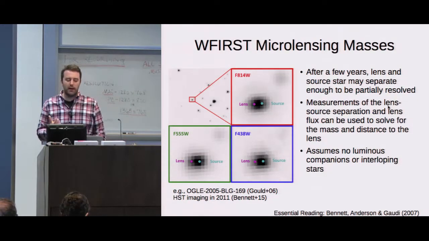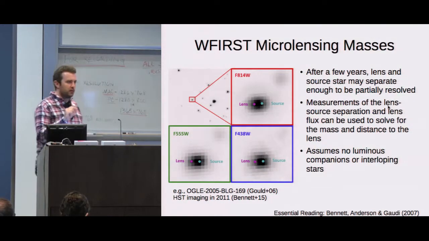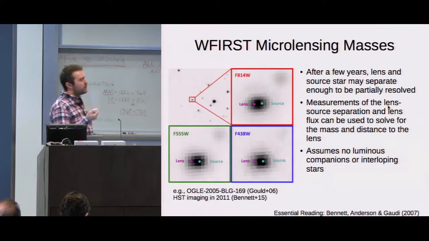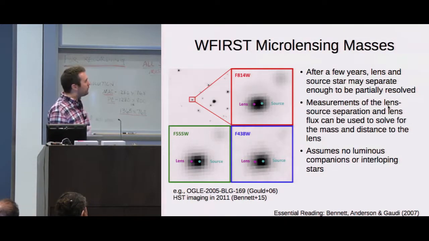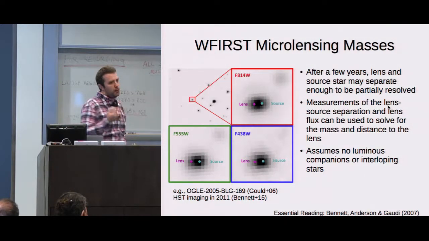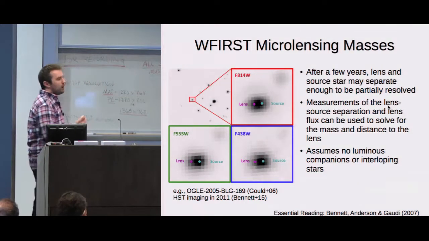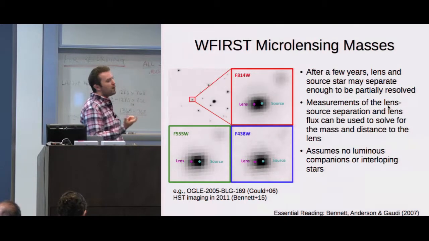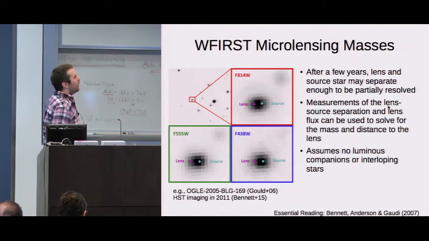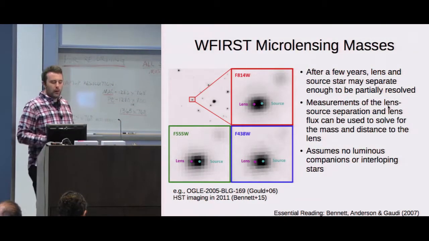So we're typically used to not being able to resolve out the source and the lens of a microlensing event. But if you have high enough resolution imaging and you wait enough time, both the source and the lens are moving, so they'll eventually move far enough away from each other that you can start to resolve them.